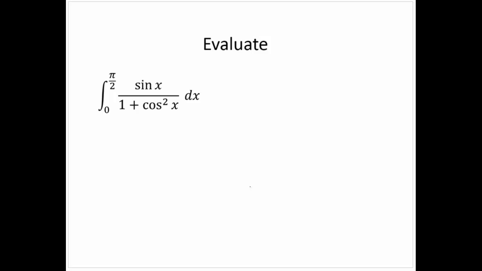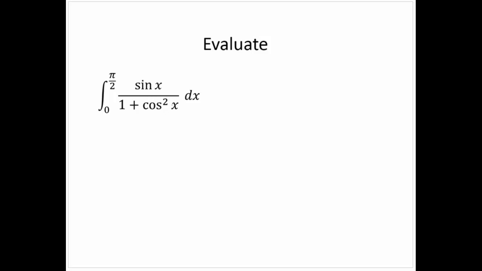Evaluate the integral from 0 to pi over 2 of sine x over 1 plus cosine squared x dx. Alright, so let's see. I know that the derivative of sine is cosine, but then if I replace the sine with u, I would have a du squared.